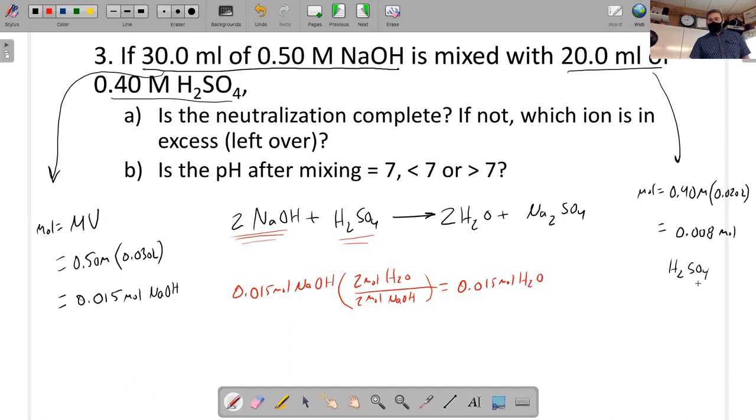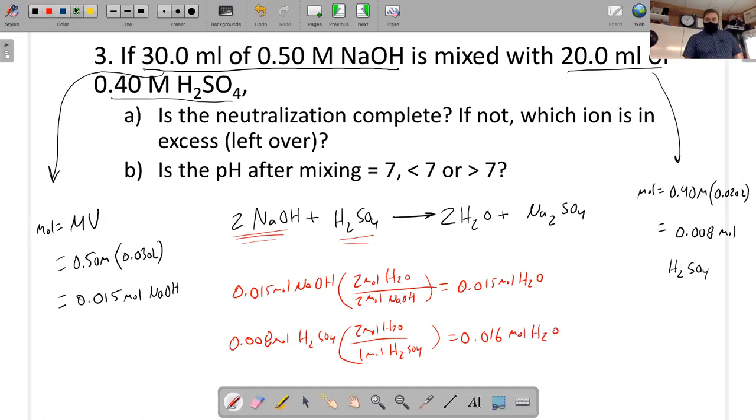And the same thing's true with the sulfuric acid. I have 0.008 moles of H2SO4. This mole ratio is for every 1 H2SO4, I get 2 moles of water. And that's 0.016 mole of water.